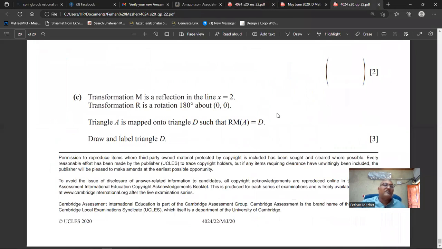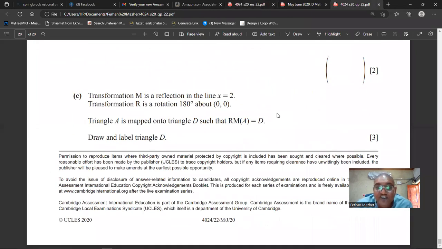They say transformation M is a reflection in the line x equals to 2. Transformation R is a rotation of 180 degrees about 0, 0. The triangle A is mapped onto the triangle D such that RM of A is equal to D. Draw and label triangle D. So when you write like this, RM of A equals D, it means A is your object.